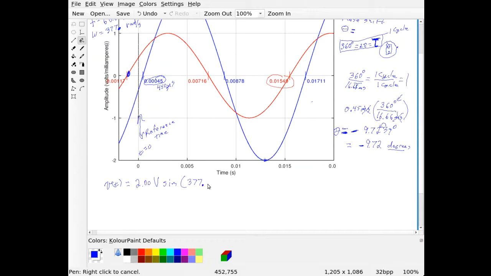Might want to put the period in there, but it's valid without the period because there's no units.